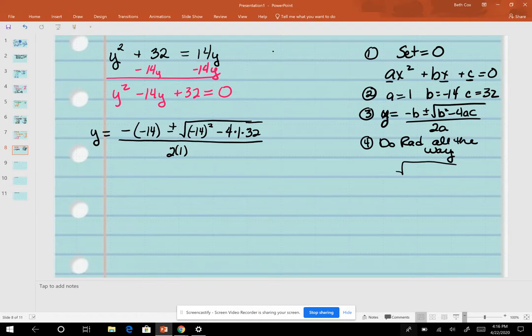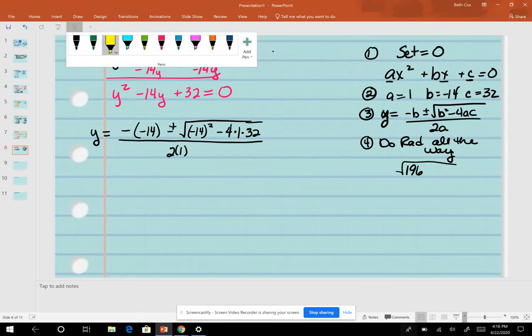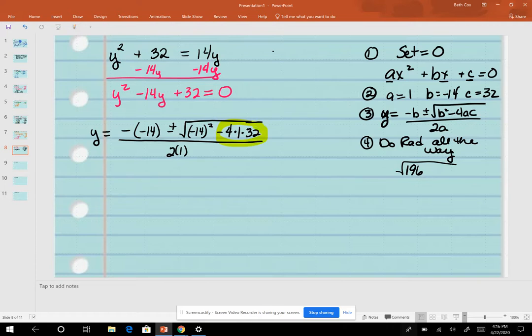And so I've got negative 14 times negative 14. Do not rely on your calculator. It's going to mess you up. Negative 14 squared is a positive 196. It's positive. Okay, and then look at your sign. This is going to be a negative. A negative 4 times a 1 times a 32.